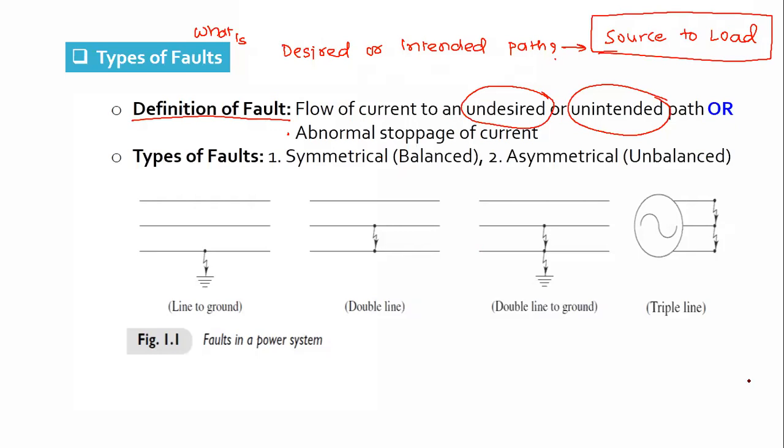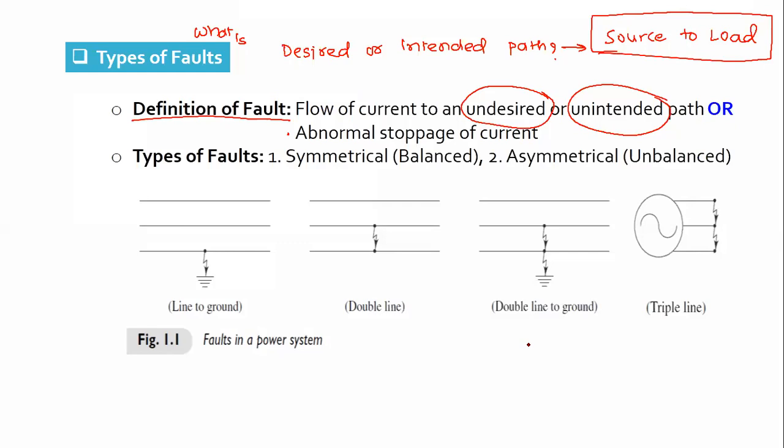So what do we do? Okay, Milan. Correct. So the desired path or intended path for the current is from source to load. So what do we do to keep current in this path?